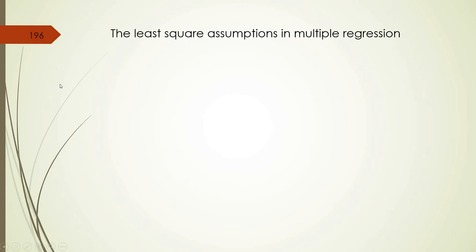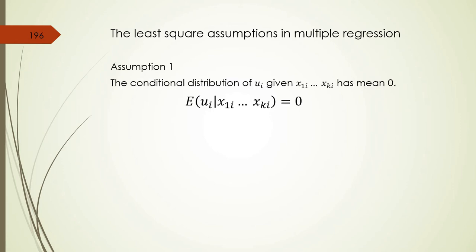Let's go back a little bit to theoretical part. So what are the assumptions that our model needs to satisfy in order to be a good model, in order to be BLUE? So first three assumptions are actually the same as in the case of simple regression model.